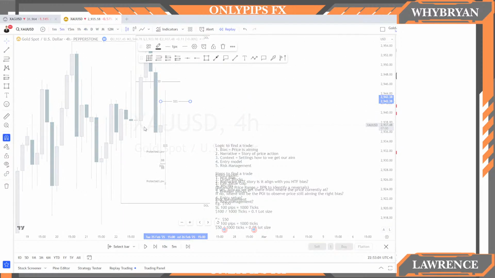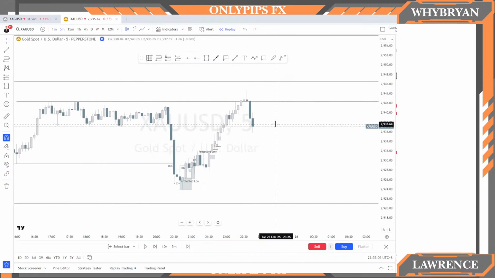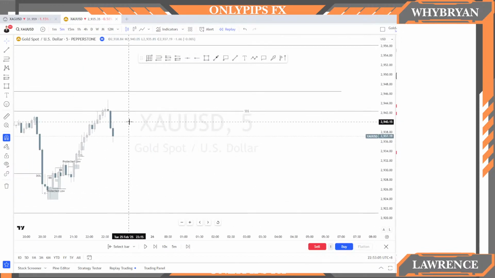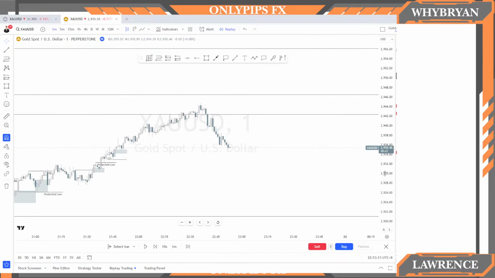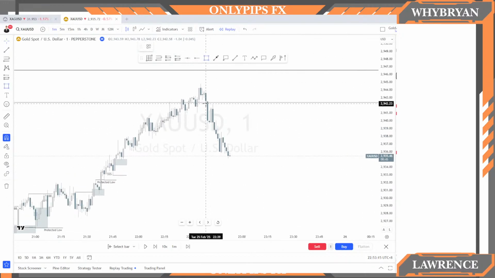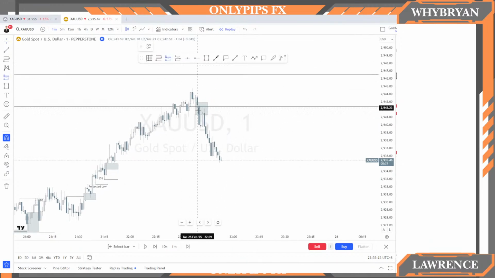There is a sign of reversal right here, respecting a premium level, and a 5-minute fair value gap is forming right now, which is a good sign. Then we can say a sweep of a liquidity high. Then we have this range, then dump all the way very nicely right here.